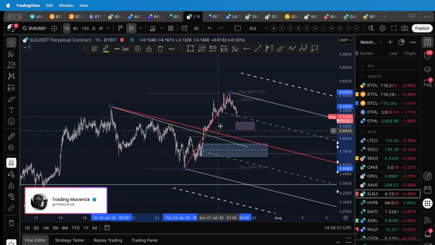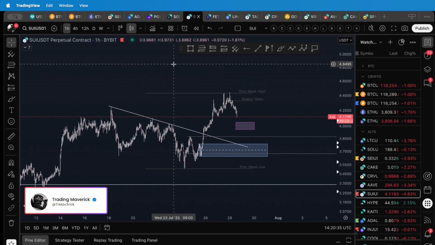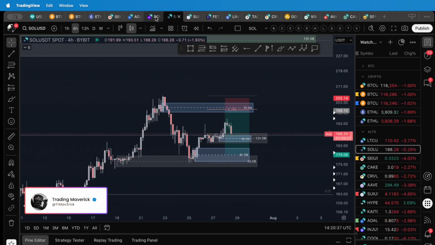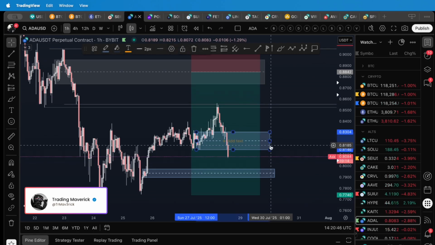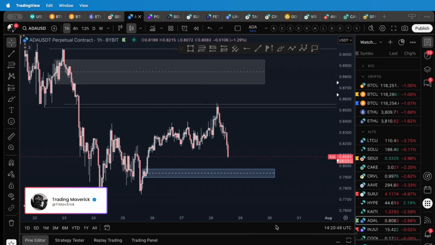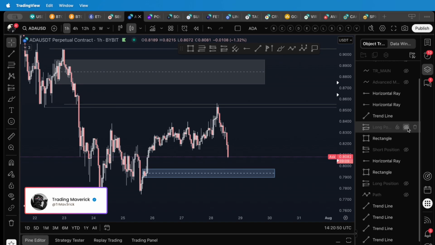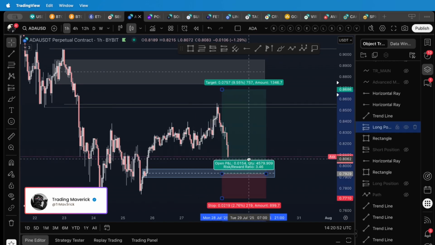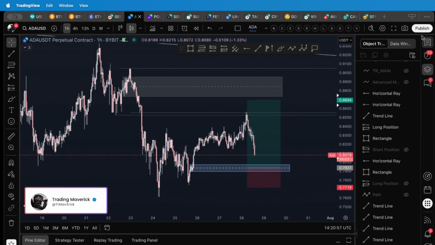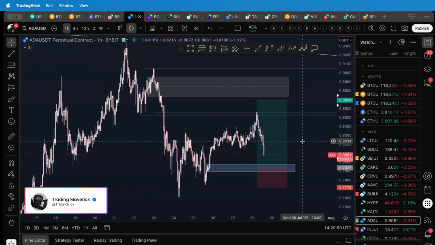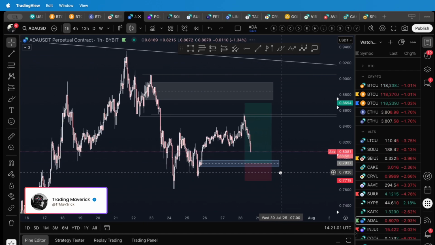It would be better if we can long it in the blue box. And Solana also coming down to first long zone, and ADA as well. So here I also had a long setup. It was this one, but I'm not too sure, to be honest, how low we can go today.